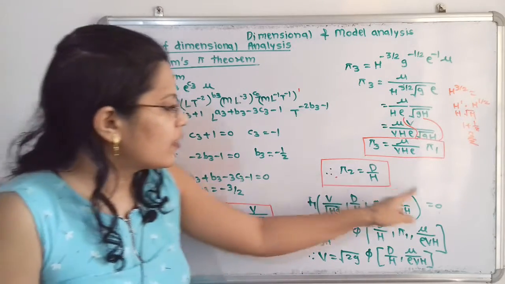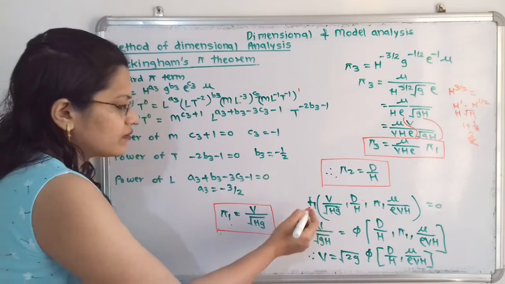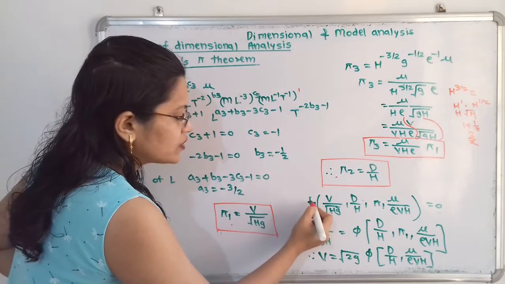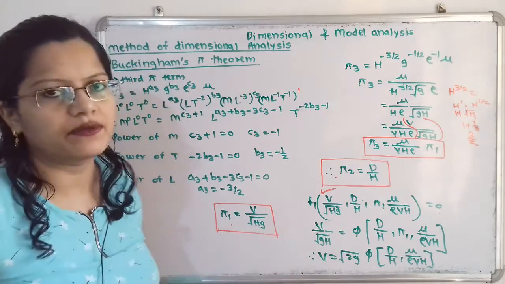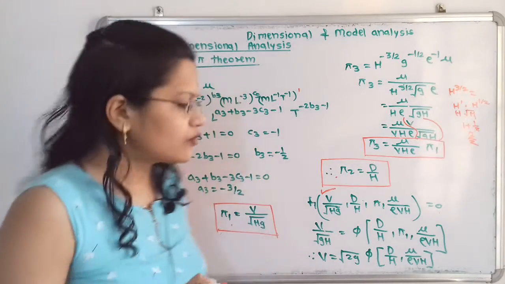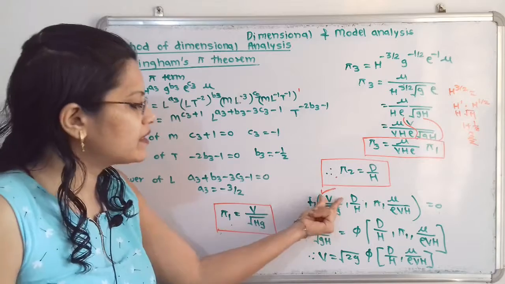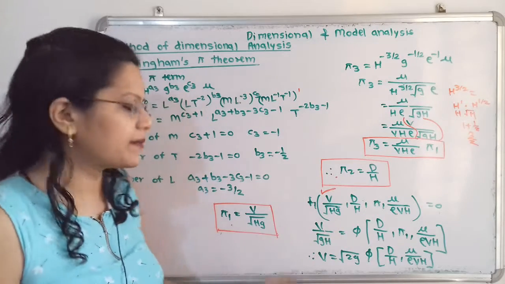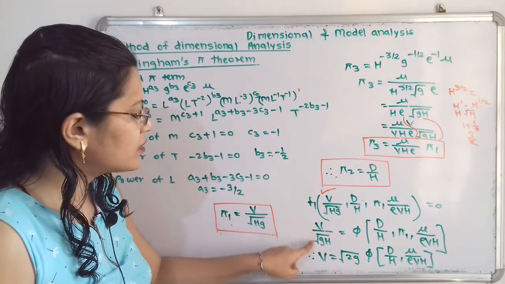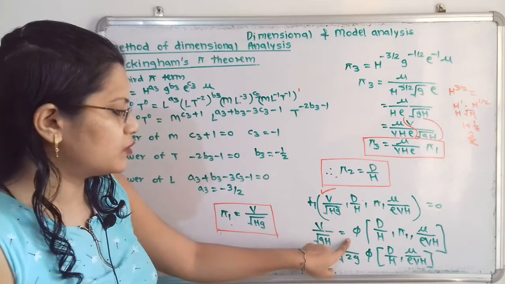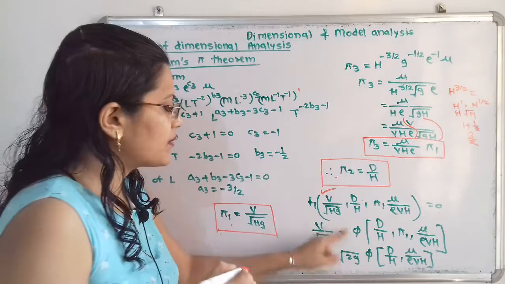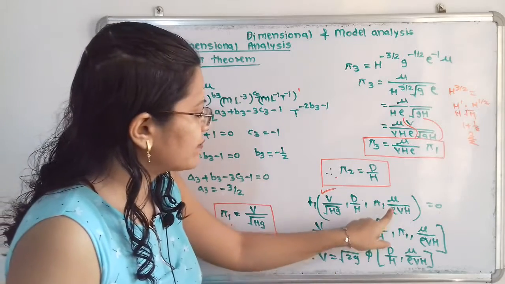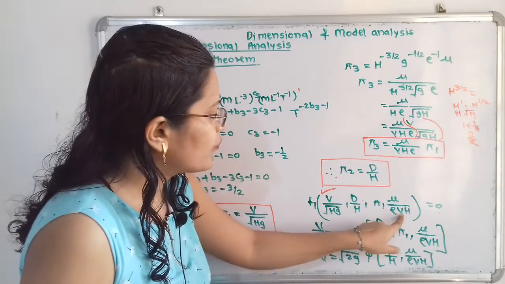So now how we can write here? If we observe for this function f1, the first term is the dependent variable. So this first term, the dependent variable, we can shift to the left hand side. So v by under root of gh is equal to, so we will take here phi in the bracket, d by h, into pi 1 into mu by rho vh.